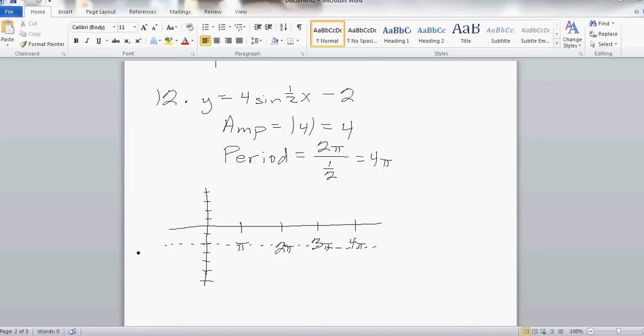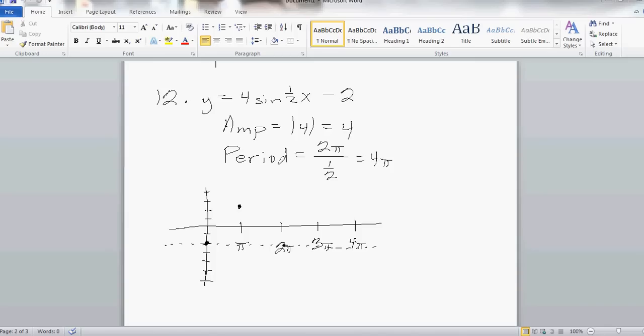Now all we have to do is start plotting the important points. For example, sine starts out at 0, 0. Now this is our new 0 line, so I'm going to put that there. Now we have to realize it's going to go from -6 to a +2. So +2 is our upper boundary, -6 is our lower. So at the first mark, we go to our upper boundary.